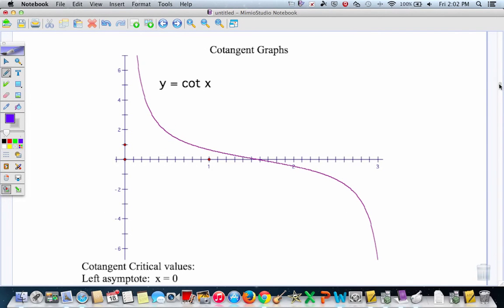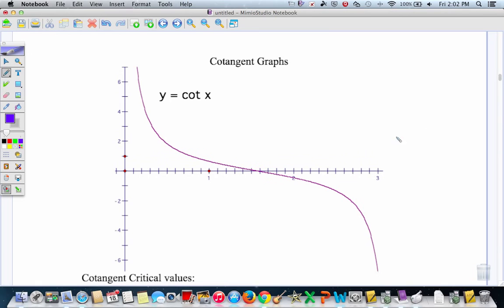Cotangent is a very similar looking graph, but obviously different. We'll start out here drawing a dotted line right on top of the y-axis, and that is at x equals 0. That is the left asymptote line for cotangent, or that might be our starting point, here at the y-axis.